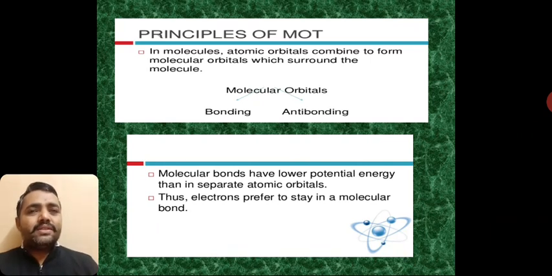Bonding molecular orbitals have lower potential energy, meaning they are positioned lower in the energy level, and electrons prefer the lower energy orbital, and lower energy is more stable.